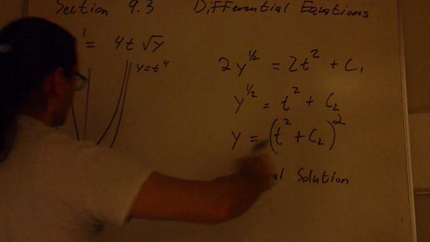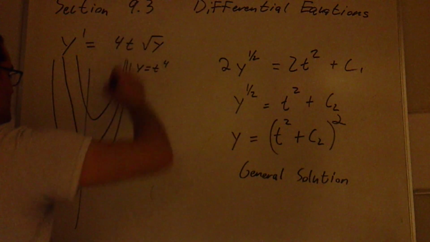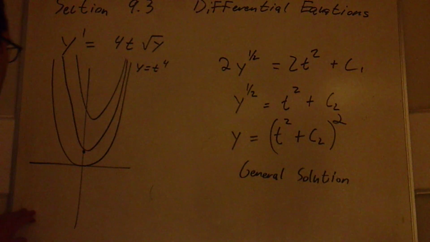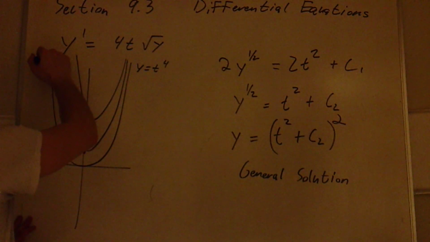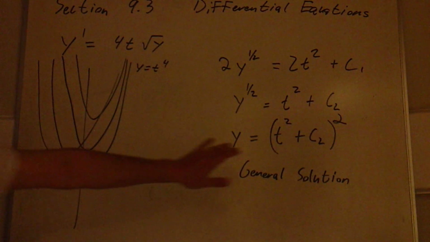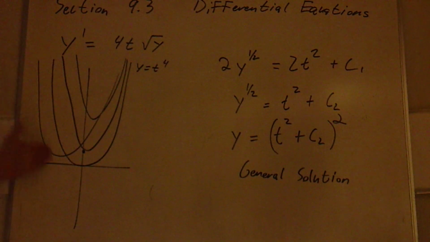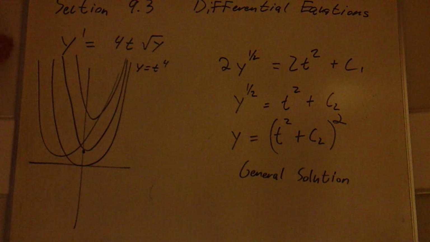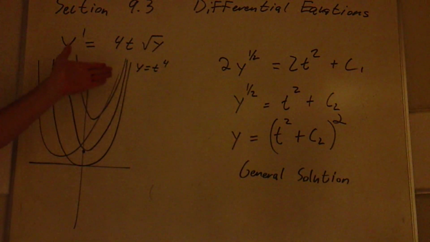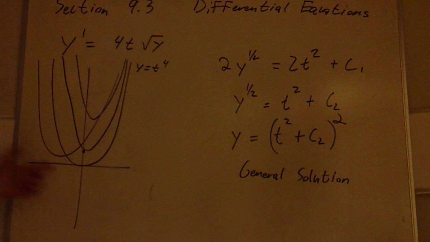If c2 turns out to be 2, we'll get something that's even higher, maybe this direction. If c2 is negative, then we'll maybe get something over here. So depending on what c2 is, you'll end up with one of these quartic-looking parabola-ish shapes.